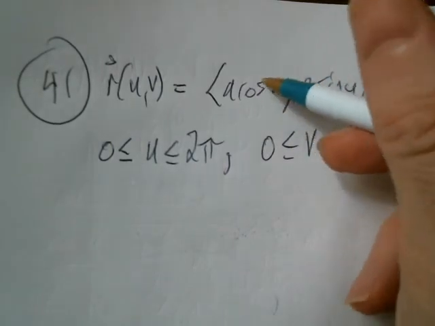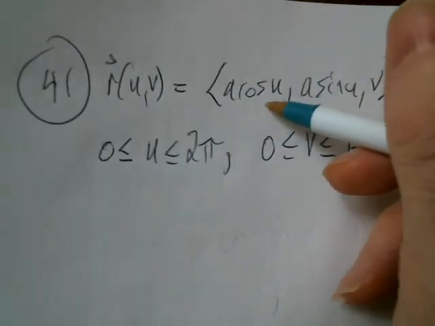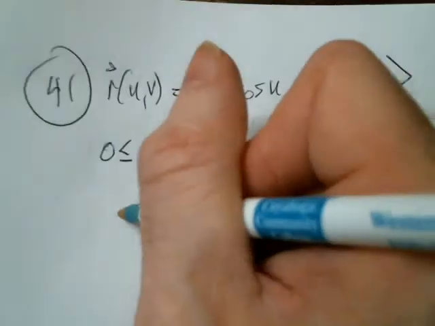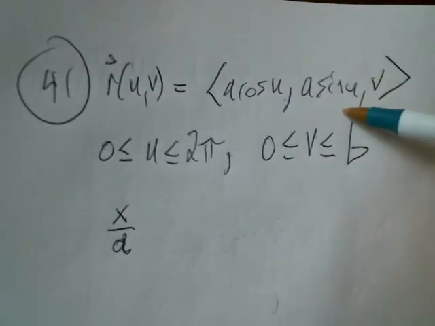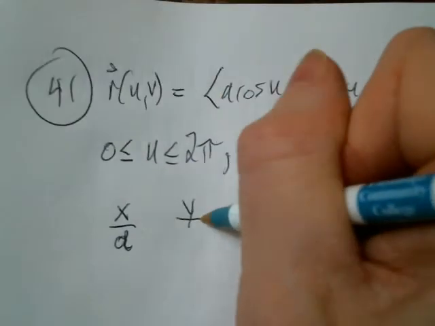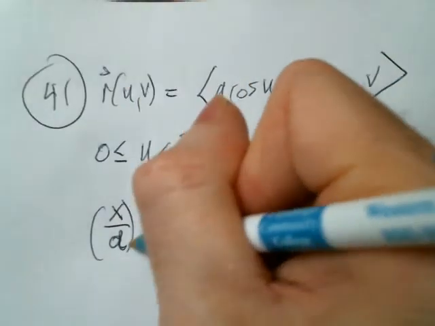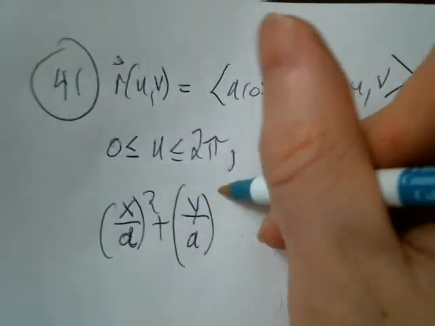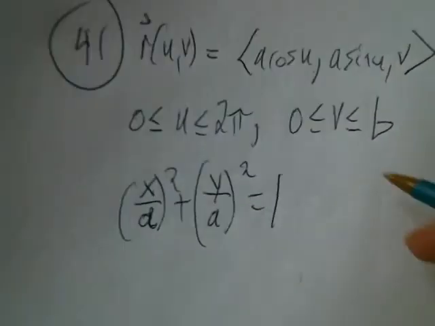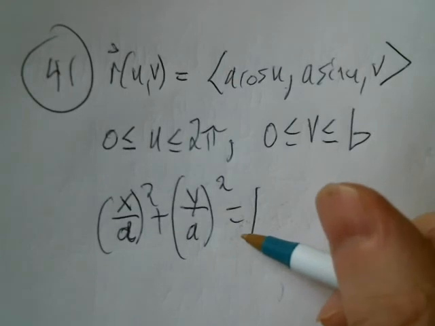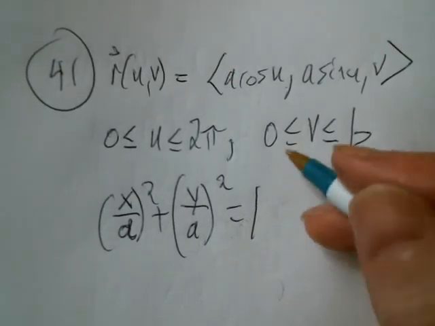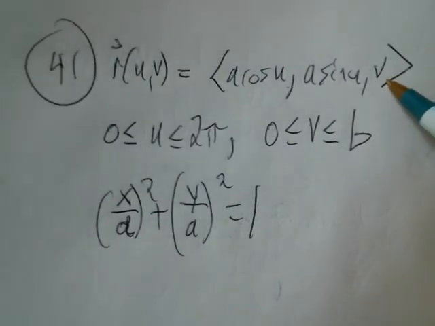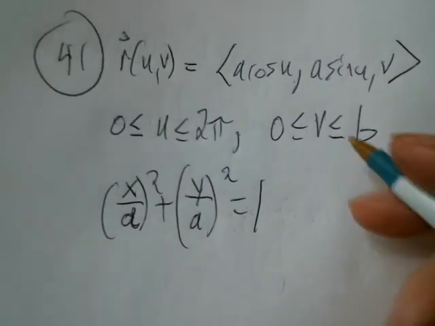x is equal to a cosine u, so cosine u is equal to x over a, and then y is equal to a sine u, so sine u is equal to y over a, and then cosine squared plus sine squared is equal to 1. So what we have is a circle with radius a, right, as our generating curve in the xy plane, and then z is varying from 0 to b.